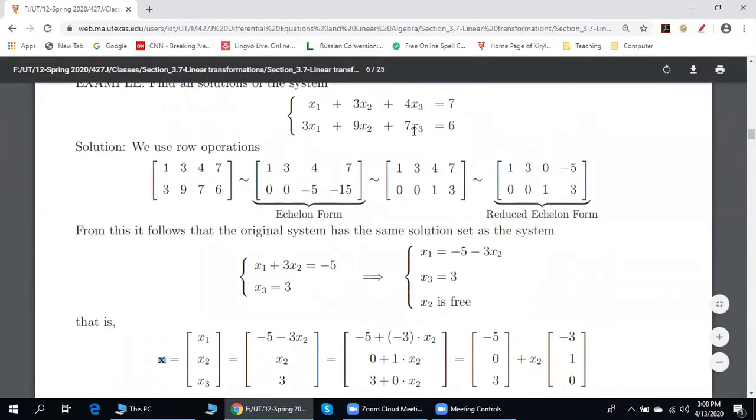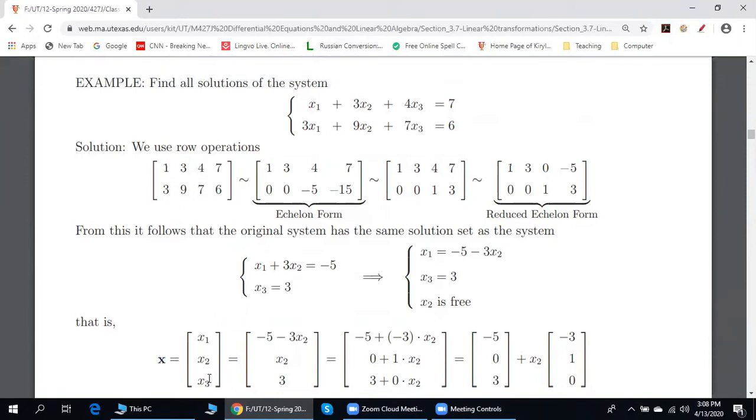Since we have 3 variables, boldface x is x1, x2, x3. Next step, we leave all free variables, in our case just one free variable, without change. And we replace all basic variables by the corresponding expressions.